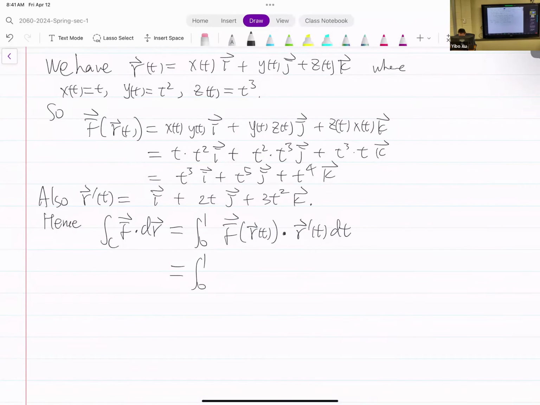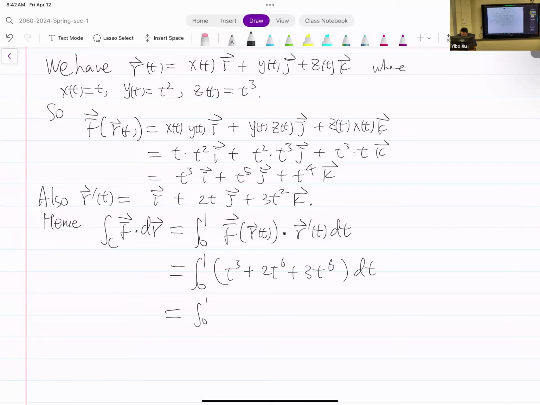This is the evaluation of the vector field dotted with r prime, so we do it component-wise. This is the inner product, the dot product. So t cubed times 1 is t cubed, plus t to the 5 times 2t, that's 2t to the 6, plus t to the 4 multiplying by 3t squared, that's 3t to the 6. Easy.